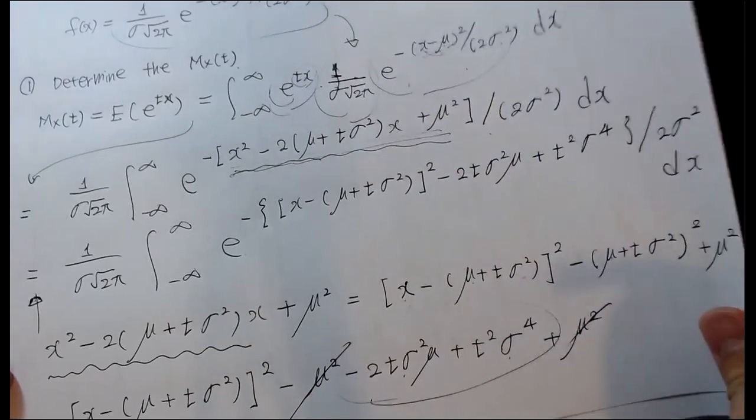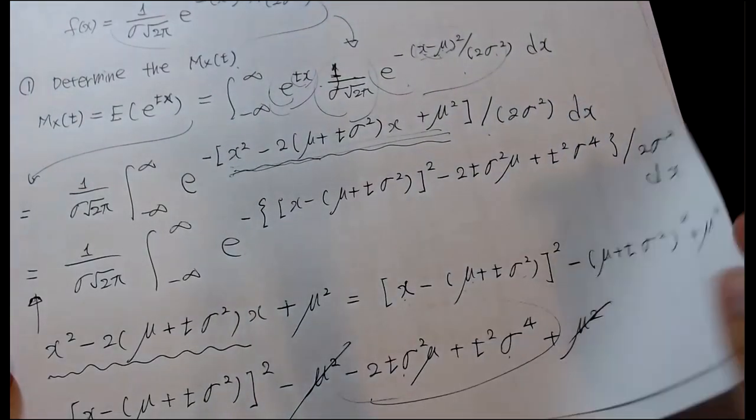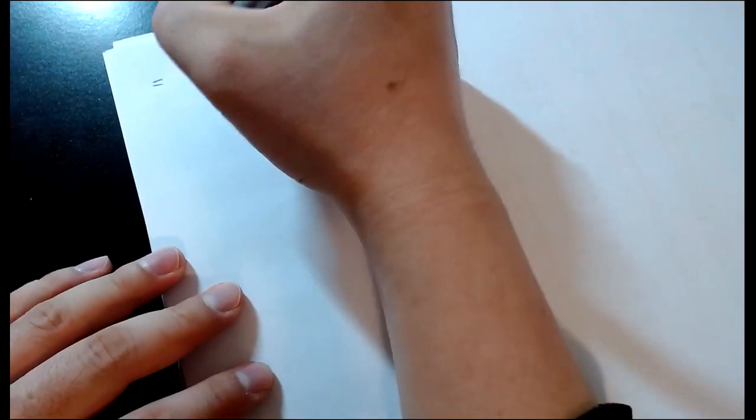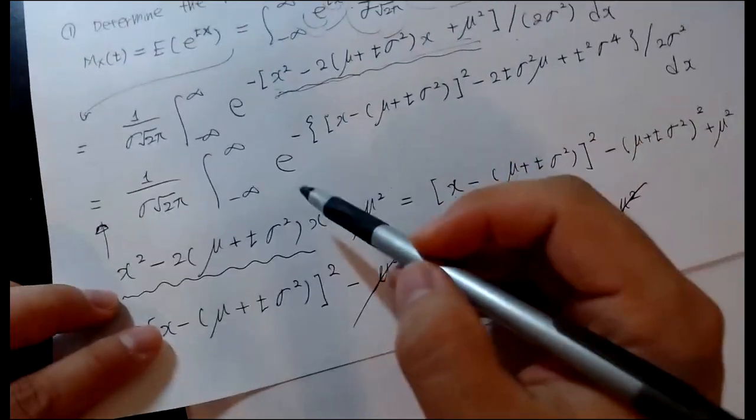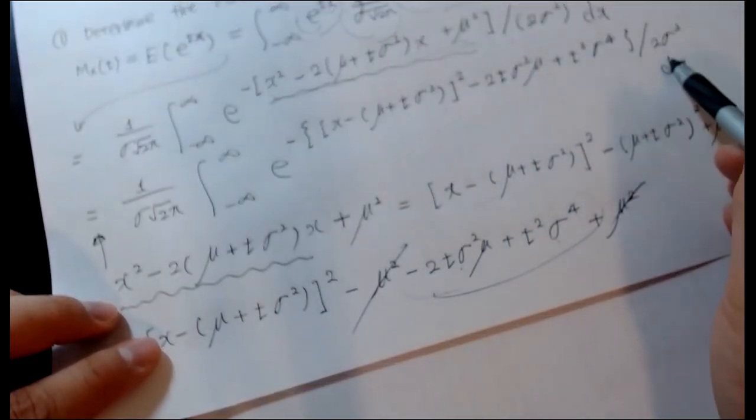Okay. So I'll take that out. So then we'll get this. 1 over, by the way, let me write down that exponential, okay? E to the, this one over 2 sigma square. Give me a second.